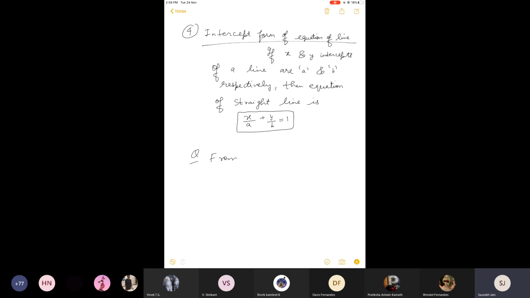So let me make a graph, and from there you will write the equation of line. You will tell me what is the equation from the graph. So graph is self-explanatory. It will tell you that what are the intercepts. Okay.